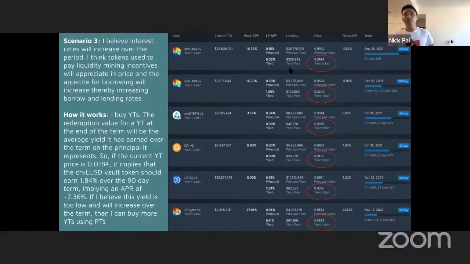So the really quick example in the top row, if the yield token's trading at 0.0184 and the term is 90 days, the approximate APR is just the yield token price times 4. So the yield token right now is implying a yield of 7.36%. And if I think that yield is low and will come up in the next 90 days, I might leverage by that.